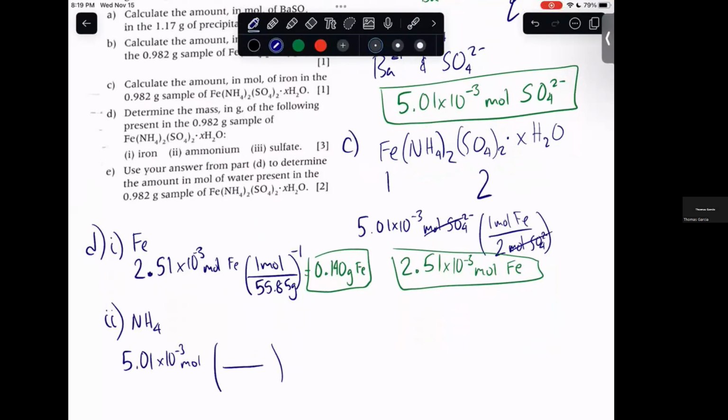My apologies. It is, sorry, 14.04 grams. Or sorry, I'm getting this all mixed up. 17.03 grams for 1 mole of ammonium. This is what happens when I stop writing the actual compounds. And we will get a total of 0.0653 grams ammonium.